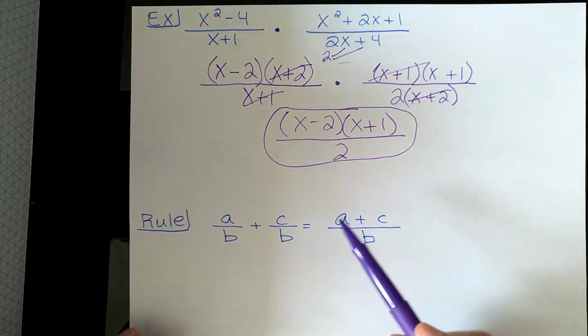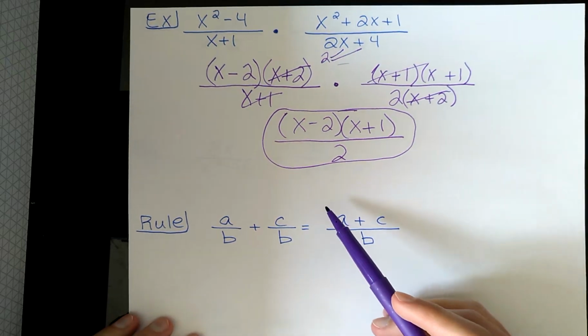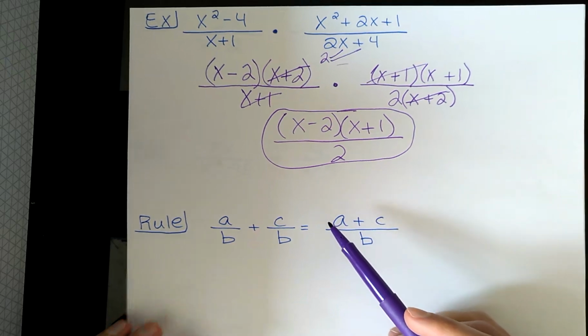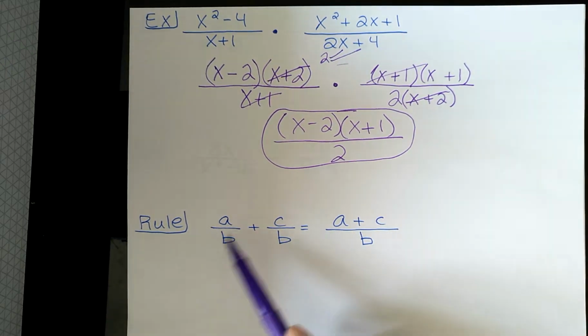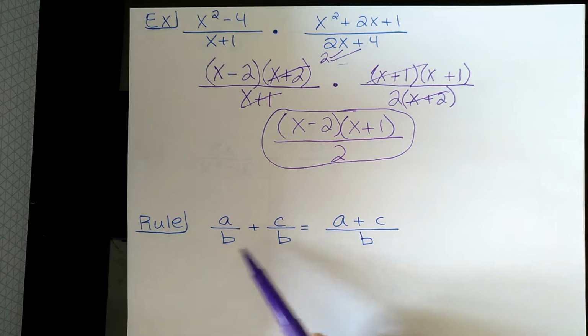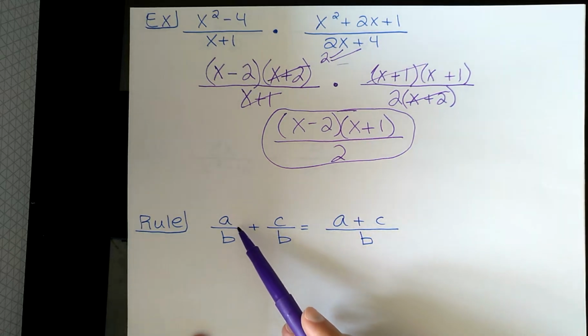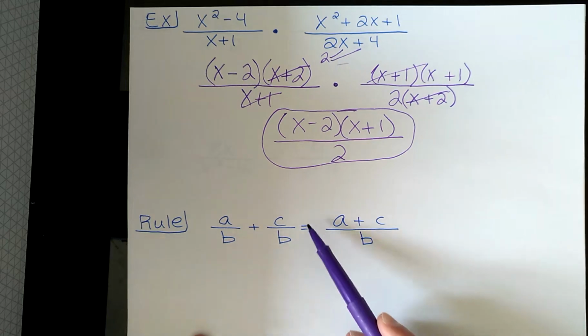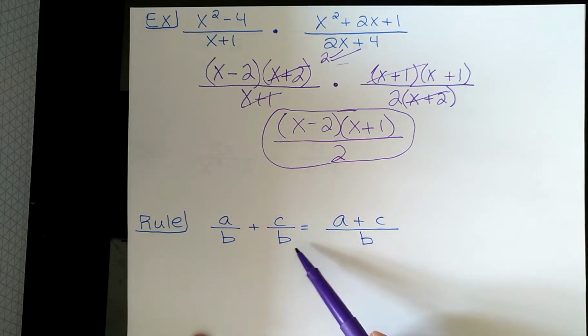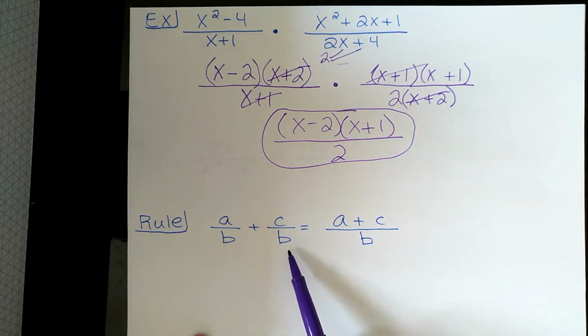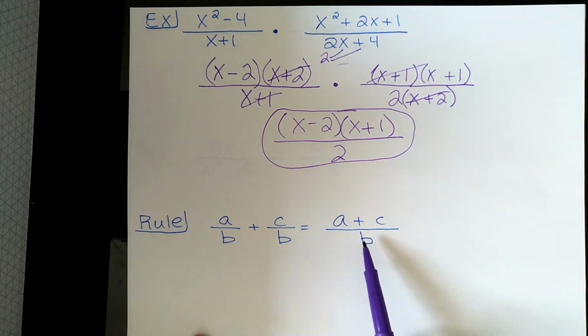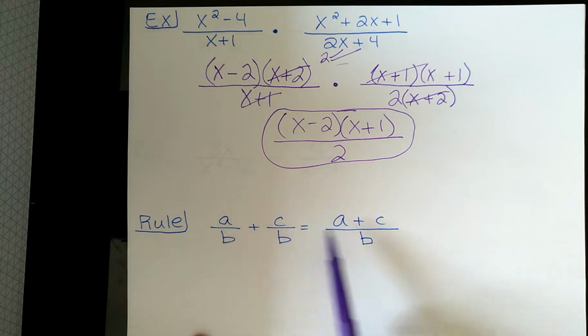Alright, so from here, we'll move on to the next type of rational expression problem we have, which is another rule from fractions that hopefully you've seen in the past. It's if we have a over b plus c over b, then when you combine these fractions together, you will keep the denominator. As long as you have a common denominator, you can add them together, keeping the original denominator and just adding the numerators.